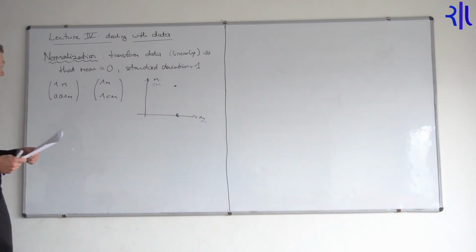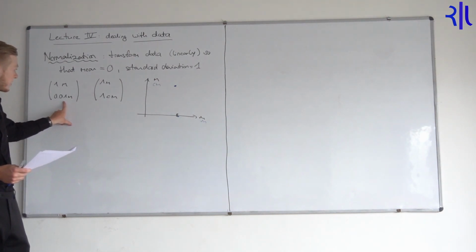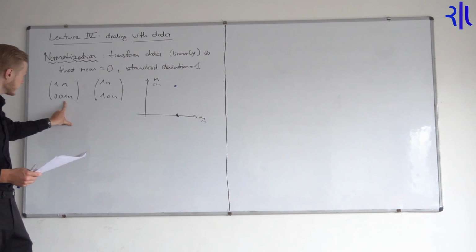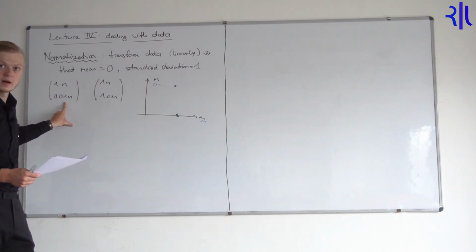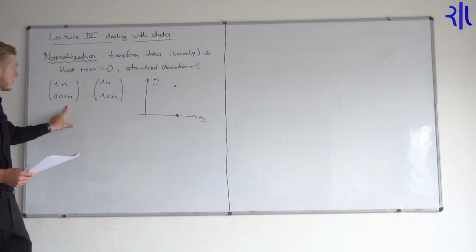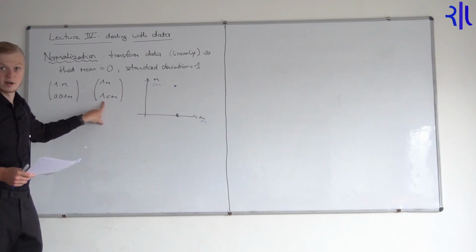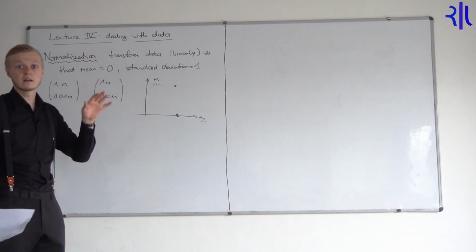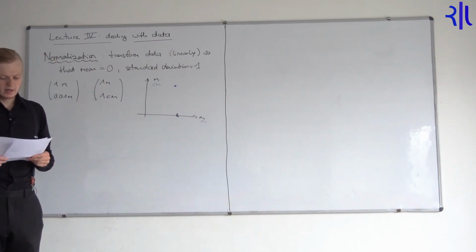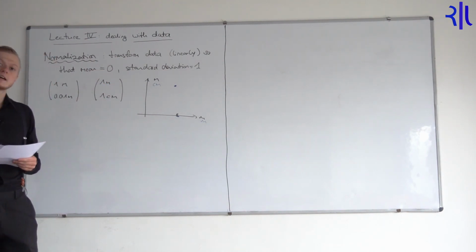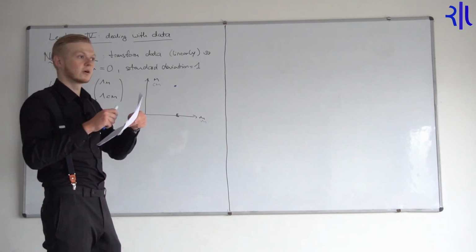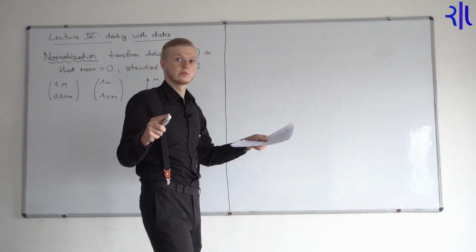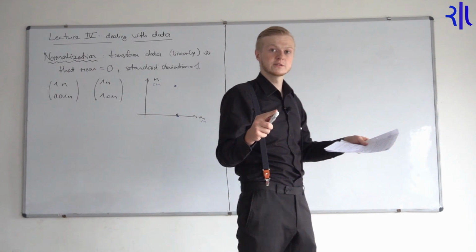Now it might not seem like a big thing here, but let's say you looked at 1 meter, 1 meter and 1 meter, then it's here 1 meter and 100 centimeters, and all of a sudden you have a completely different scale that you're talking about, and that influences the magnitude of your coefficients usually.